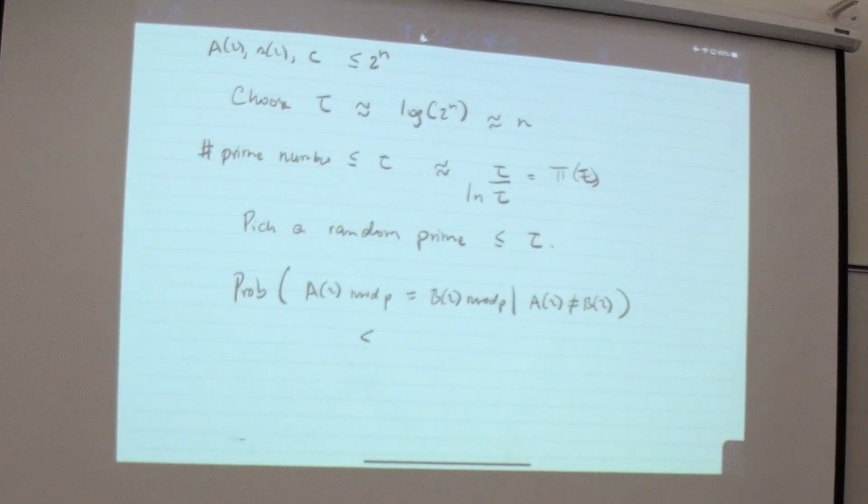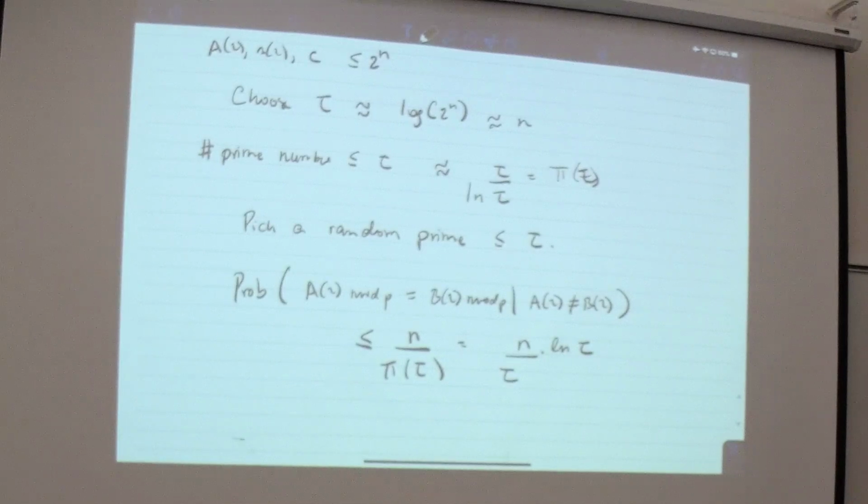So this probability is going to be less than or equal to the number of potential prime factors of C divided by the pool of prime numbers we chose from. And this is going to be equal to something like n times log tau over tau. Now we haven't really specified what tau needs to be.